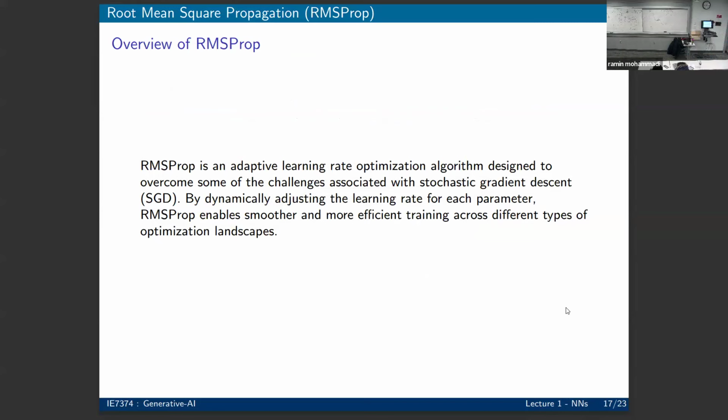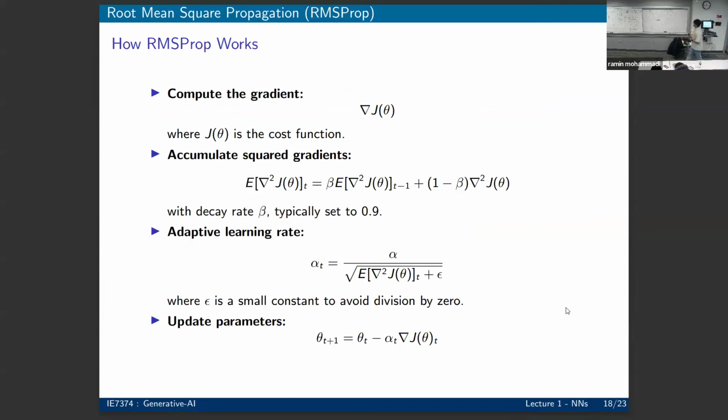So basically, we try to update those learning rates, so it's not fixed. RMSProp introduces a changeable learning rate. You have the accumulated squared gradient: first you have the gradient, which is the Jacobian, then you do the accumulated squared gradient using this equation.